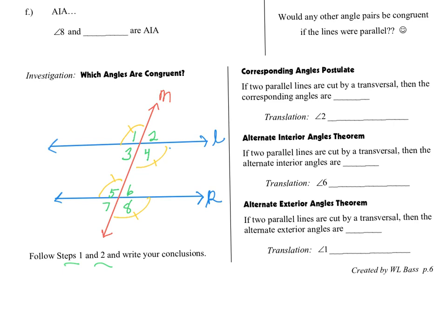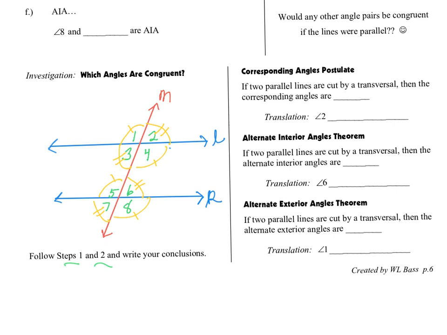We would also find that angle 2 would have the same measurement as angle 3, as well as angle 6 and angle 7. And we're going to use that to look at a couple of theorems and postulates.